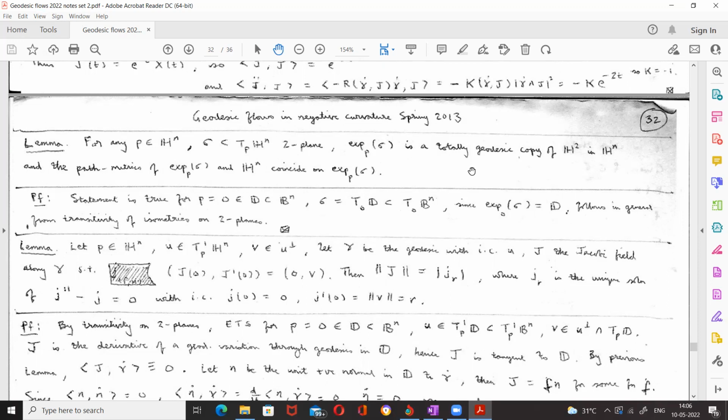So is this okay? Yes. Right. And remember what totally geodesic meant. There were two equivalent ways of saying this. One is that every geodesic in the copy of H2 is also a geodesic of Hn.